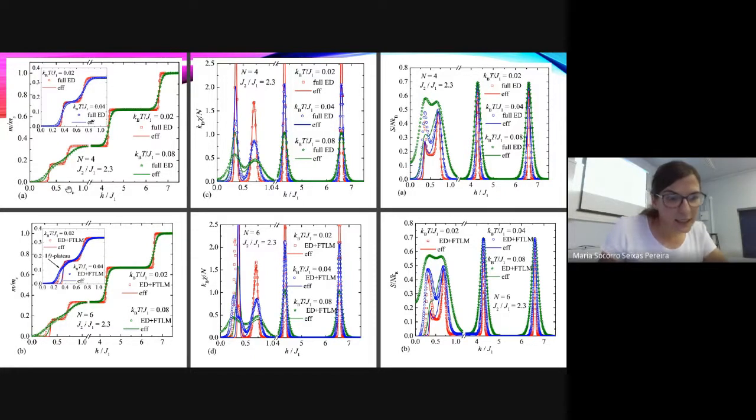And indeed, as you can see, our lattice gas description matches the zero plateau perfectly here for 4 unit cells, but for 6 unit cells there is much more discrepancy.